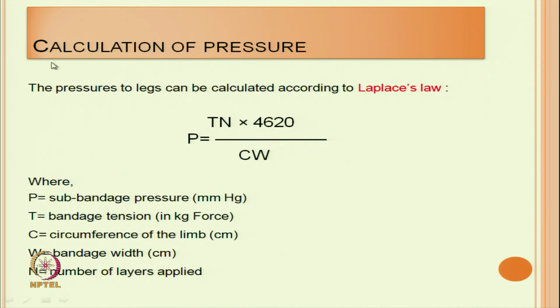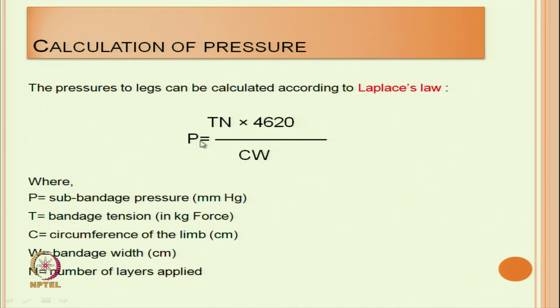Now, coming to the factors which we have already discussed, these factors are incorporated into measuring the subbandage pressure by Laplace law. What Laplace law is telling is that subbandage pressure P is equal to T multiplied by N multiplied by 4620 divided by C multiplied by W. So, what is T?